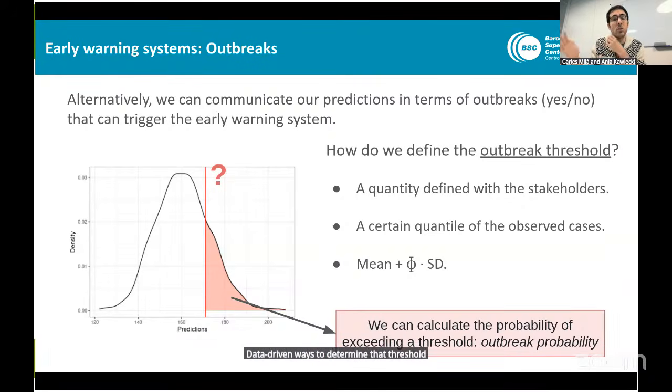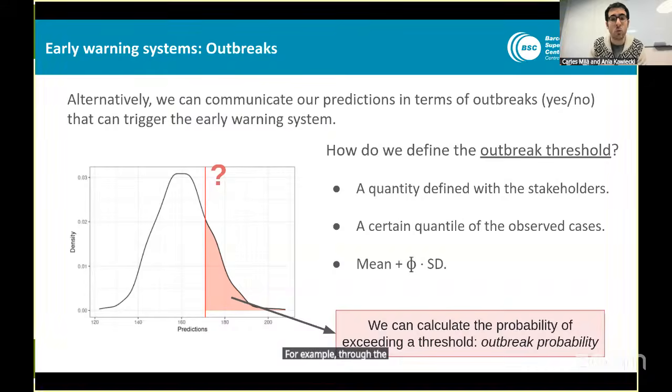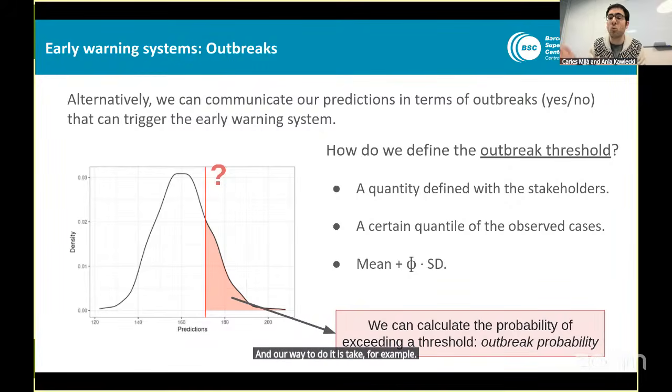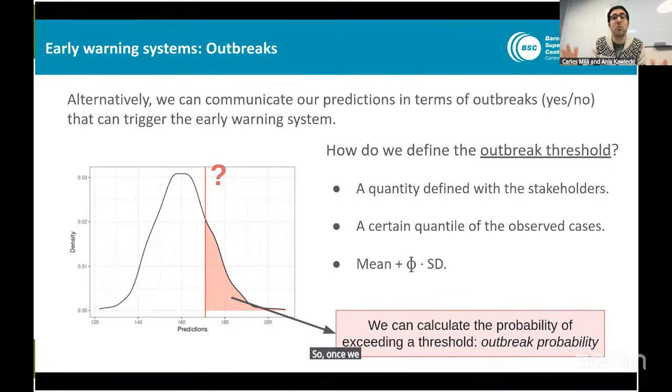For example, we could take as a threshold a certain quantile of the observed cases, for example the 80th or 90th quantile of our observed case distribution. Another way to do it is to take as a threshold the mean plus 1 or 2 or even 3 standard deviations.